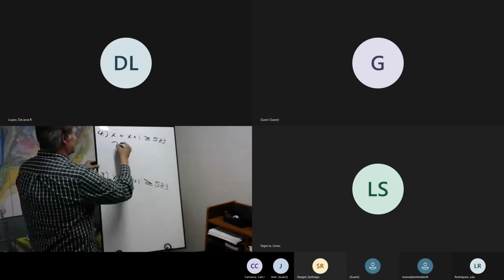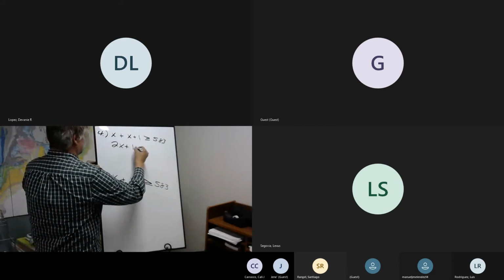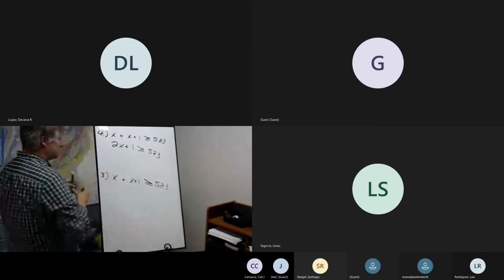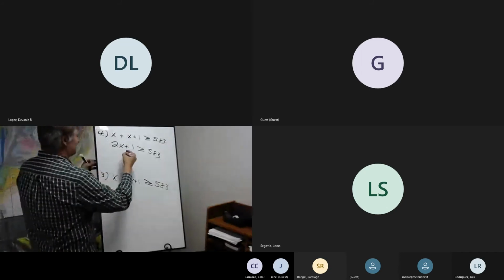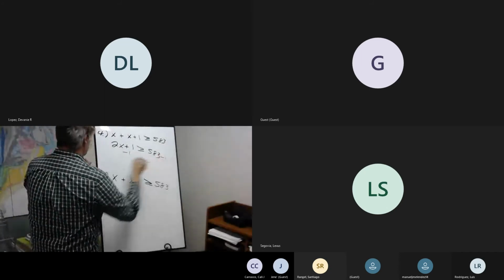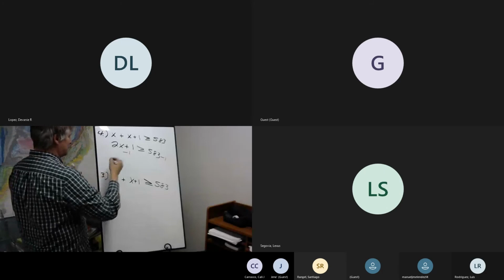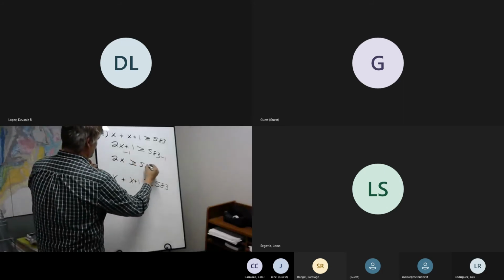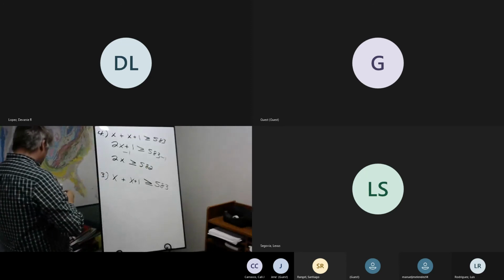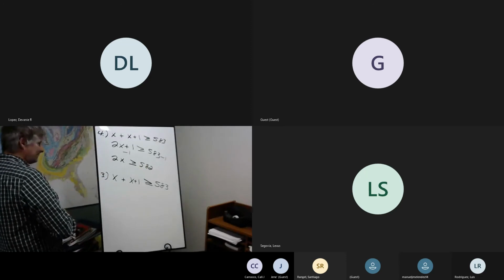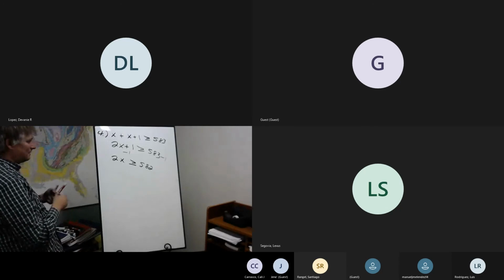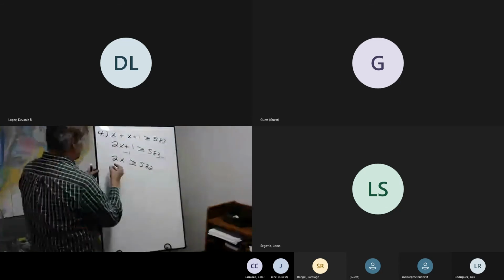Combine like terms. Subtract 1 from both sides. Divide by 2.